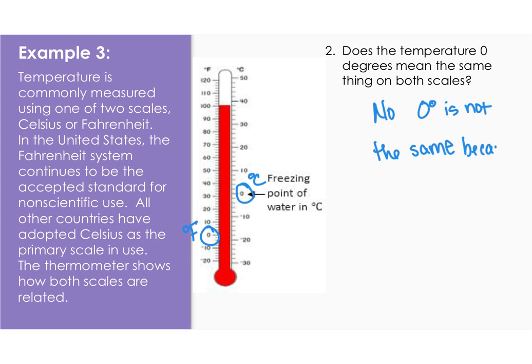Because 0 degrees Fahrenheit is lower on the scale. See how 0 degrees Fahrenheit is much lower? And actually, 0 degrees Celsius equals 32 degrees Fahrenheit. And if you look over here, 0 degrees Fahrenheit equals approximately negative 18 degrees Celsius.